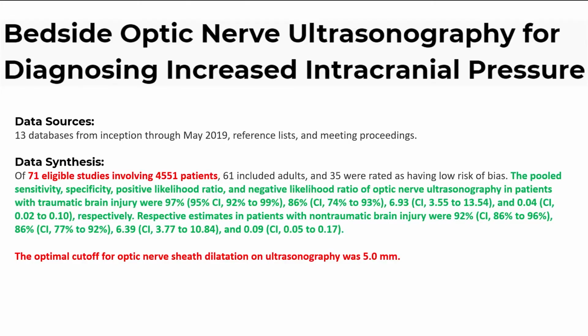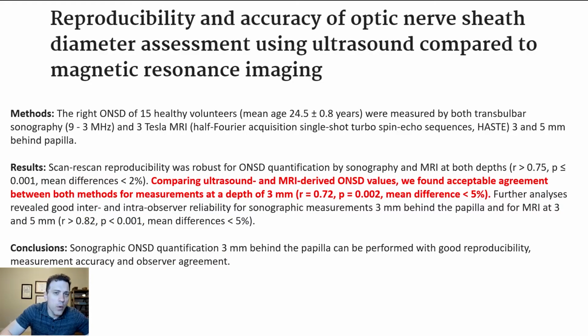So coming back to some of our papers, the next one I want to talk about is the reproducibility and accuracy of optic nerve sheath diameter assessment using ultrasound compared to magnetic resonance imaging. Here they looked at 15 healthy volunteers, and they did their exam with optic nerve sheath ultrasound and with a 3 Tesla MRI magnet.